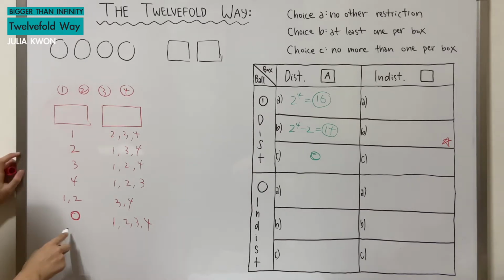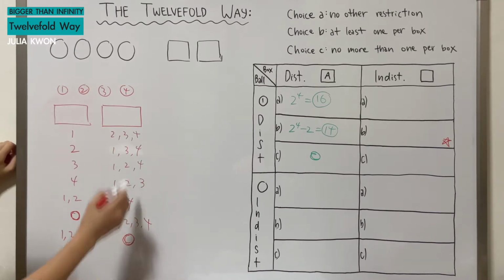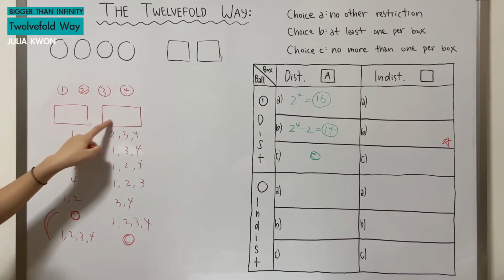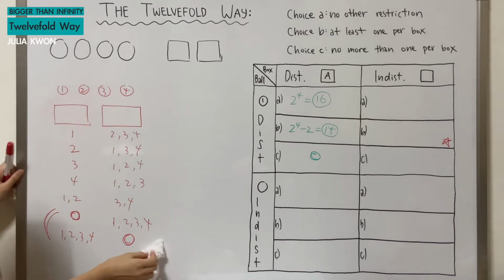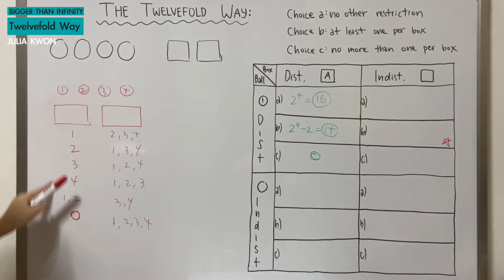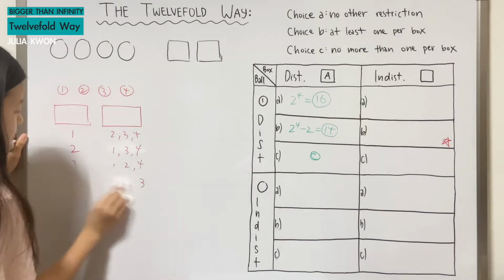But of course, there being 1, 2, 3, 4 balls in this box and 0 balls being here, these 2 would be the same, because you cannot tell the difference between these 2 boxes. We would only need to write 1. So this would be one way to solve this problem, except that there's way too many and it wouldn't be fun to write all of it down. So we're going to do this another way.